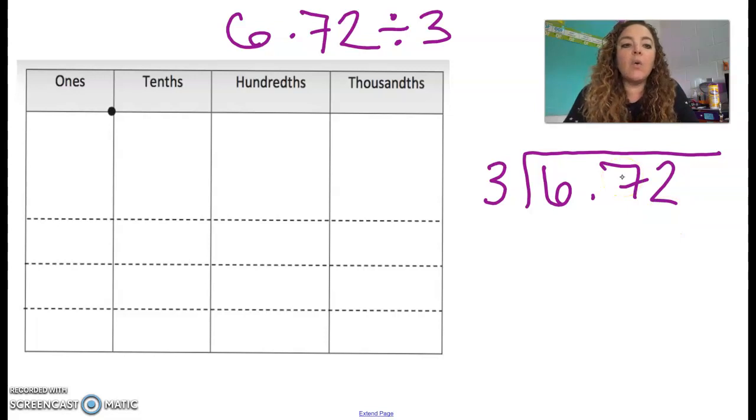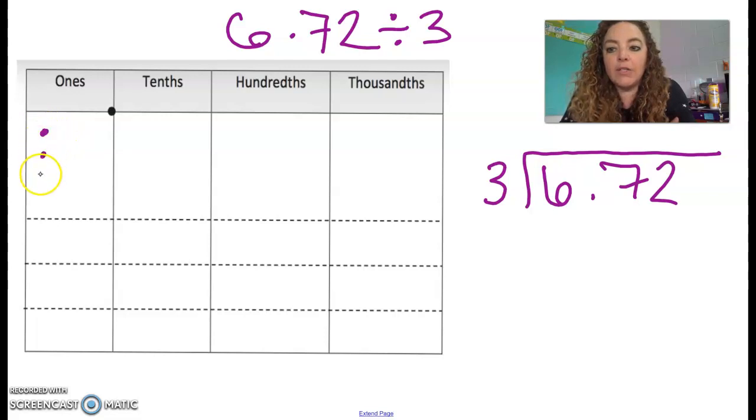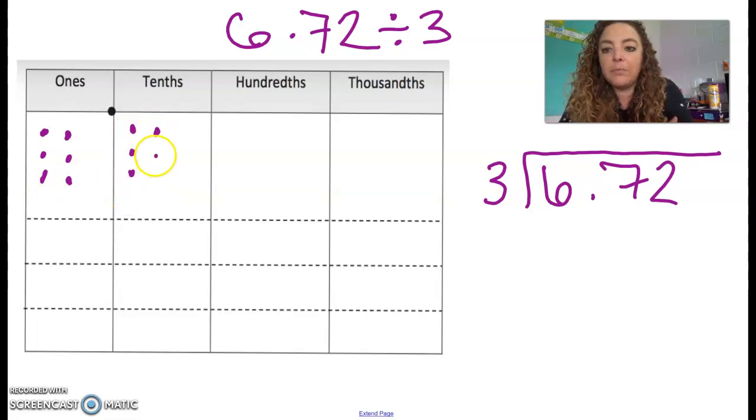So I've got our place value chart over here, and I'm just going to lay out our number under the division house into this place value chart. I'm going to use that dots method for each digit. So I have 6 dots here in the ones, 7 dots here in the tenths, and 2 dots here in the hundredths.